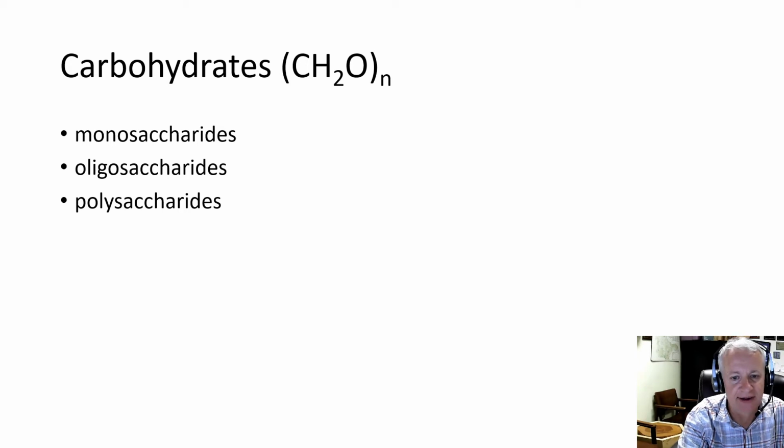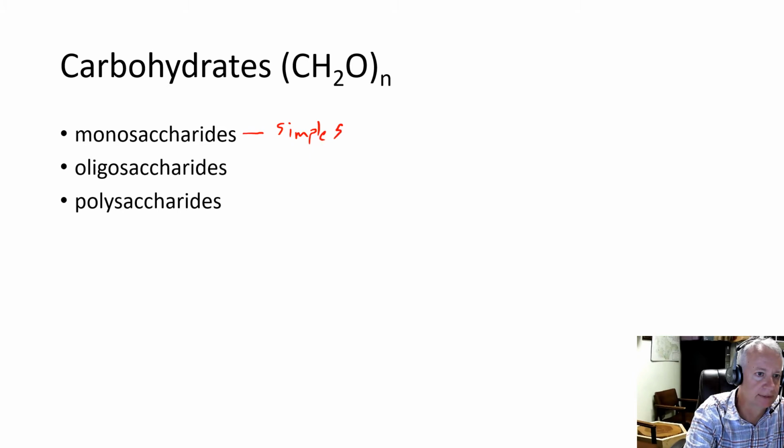And I'll talk about three main categories of carbohydrates. So there's monosaccharides. Those are the simple sugars. There's oligosaccharides, and those are essentially two simple sugars bonded together. So a molecule containing two simple sugars bonded together. There may occasionally be three, but generally it's two simple sugars.